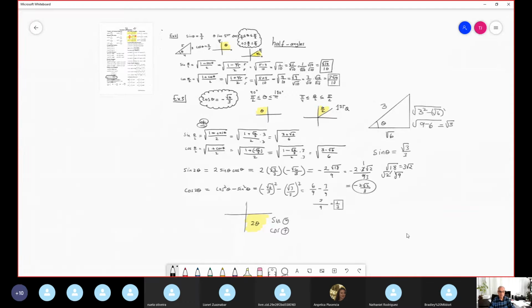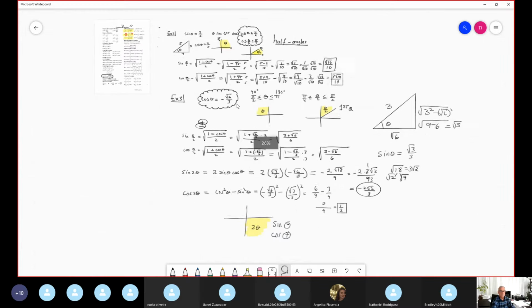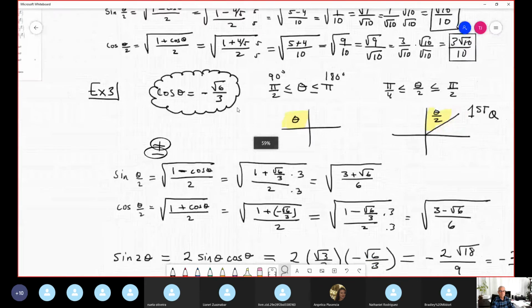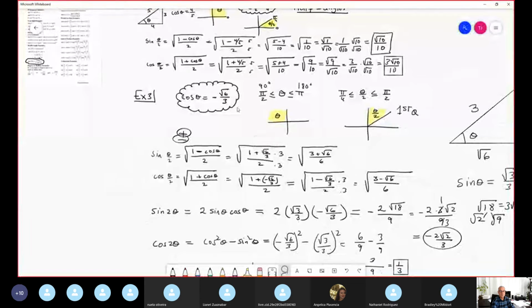Any other question? Clear or confusing? Professor, my question is at the beginning. We have sine of theta over 2, and then you substituted and it was positive, but in the formula it is negative. Is it because it's like plus and minus before? Yeah.